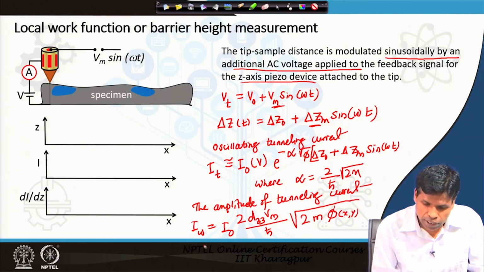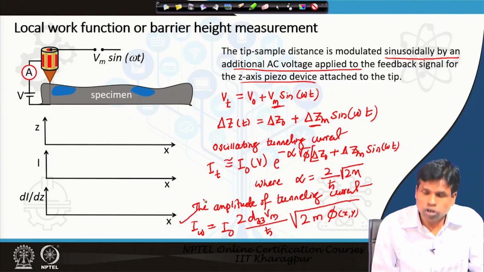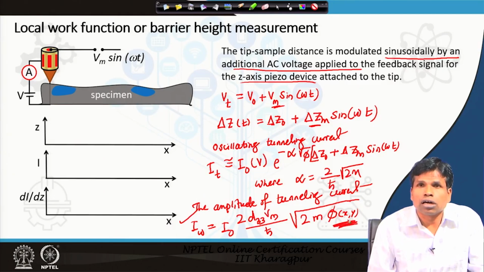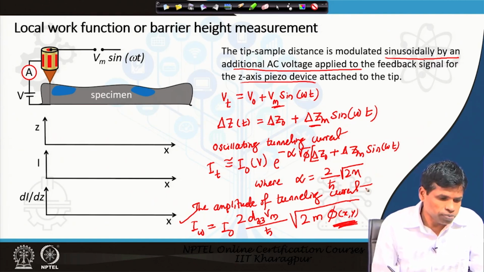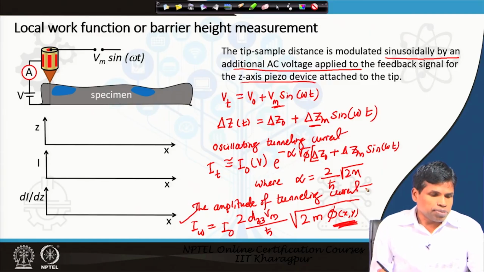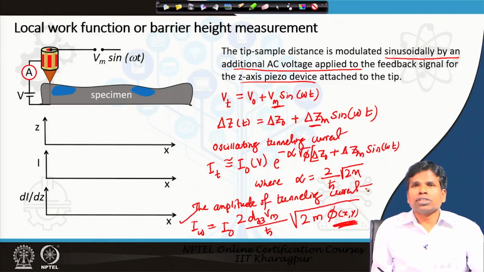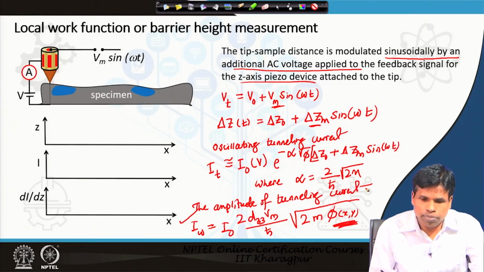So, this is the amplitude of the current we will get, and from that we can get the information about the work function of the sample across the xy direction. In this way, we can measure the work function of the sample at each point on the specimen along with the topography of the sample.